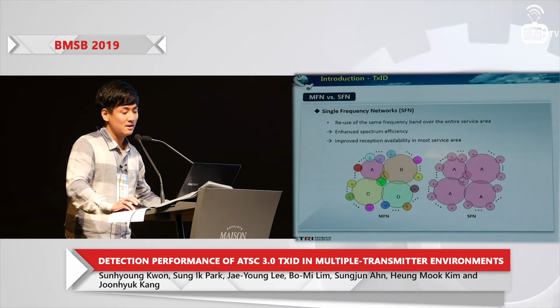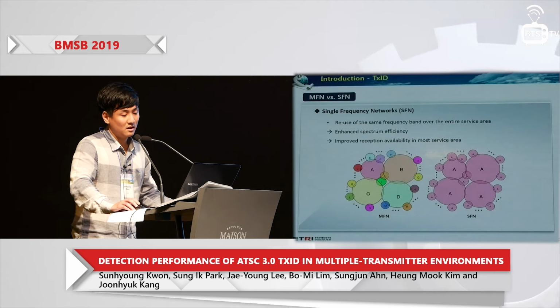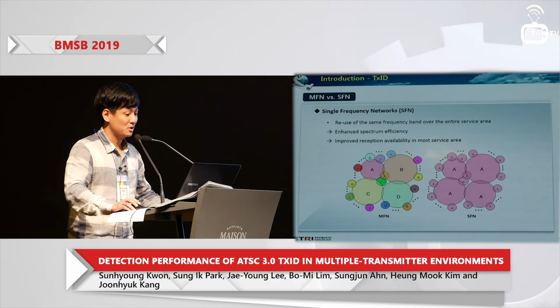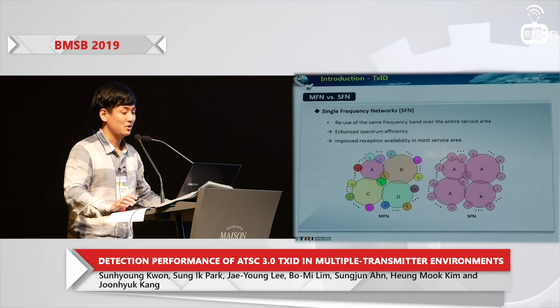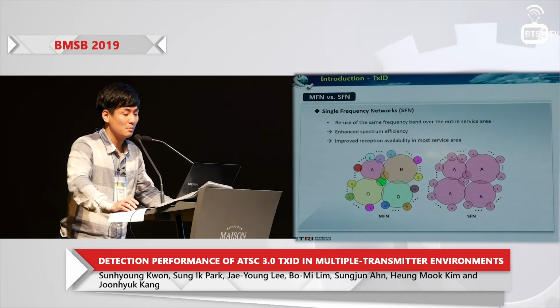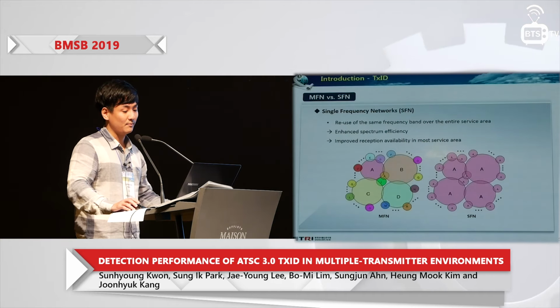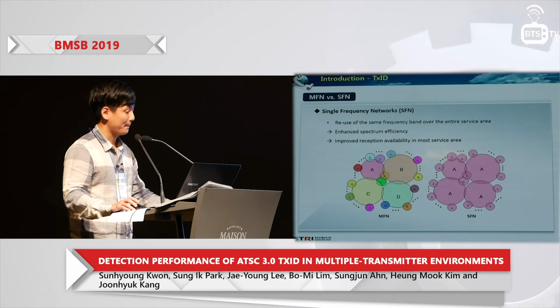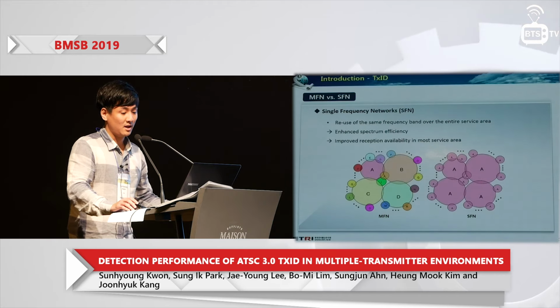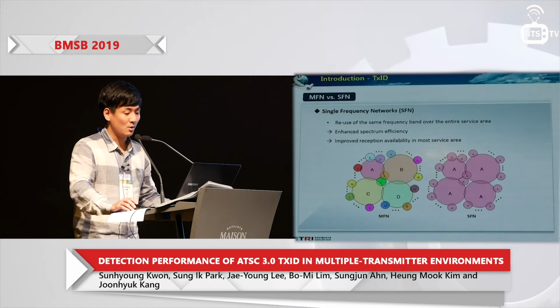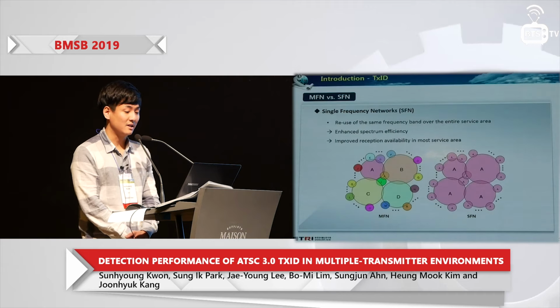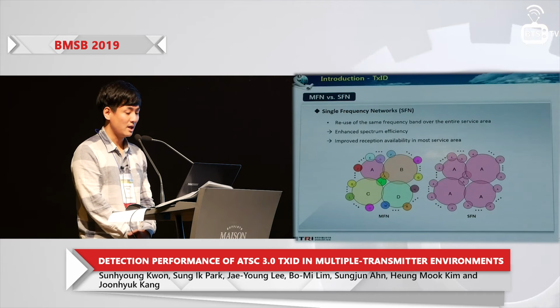So nowadays, the efficient use of radio spectrum resources is a very critical issue in any kind of wireless communications, also including the terrestrial broadcasting system. Therefore, in ATSC 3.0, SFN-based terrestrial broadcasting has been actively deployed, for example, in South Korea.